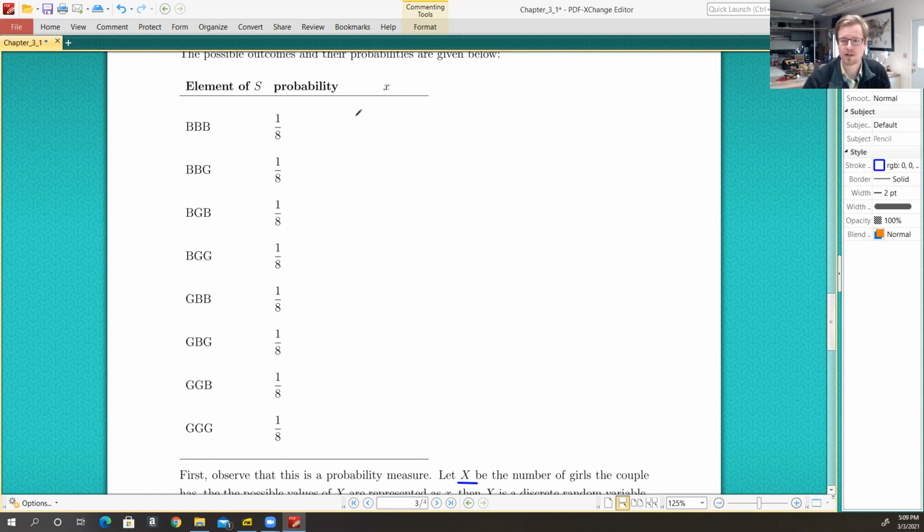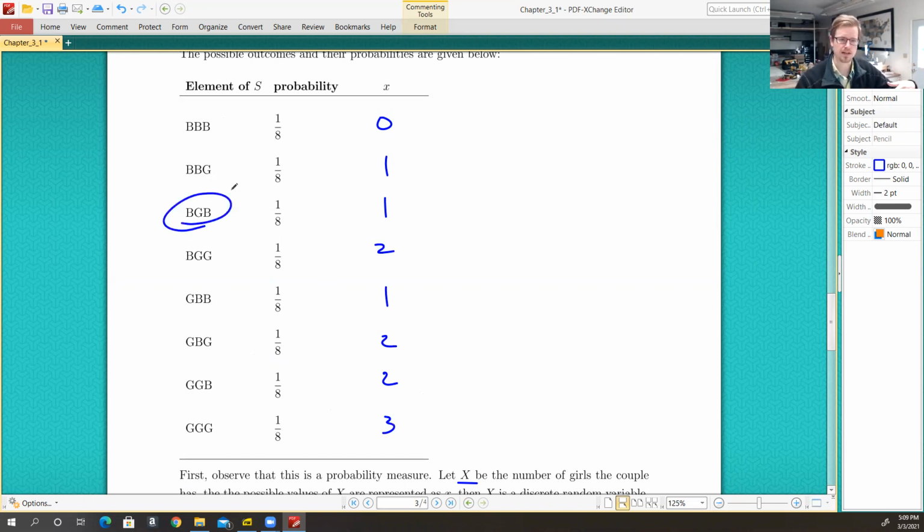So what values does the random variable take on for each of these possible outcomes? Well, 0 girls here, 1 girl here, 1 girl here, 2 girls here, 1 girl here, 2 girls, 2 girls, and 3 girls. So we pick out an element from the sample space.